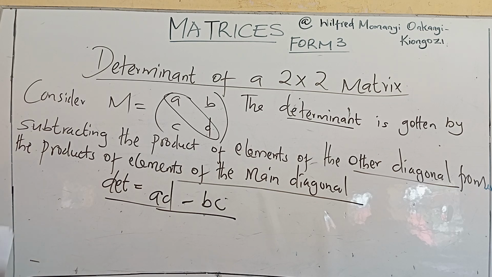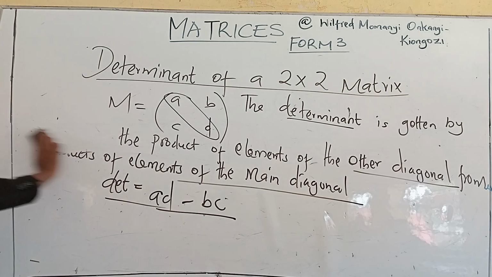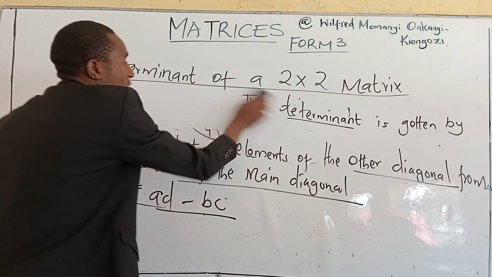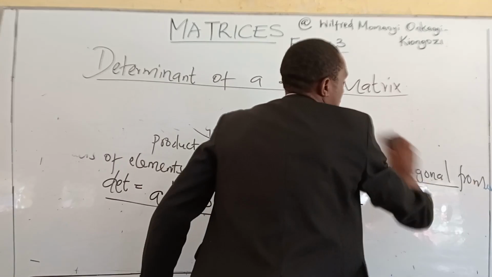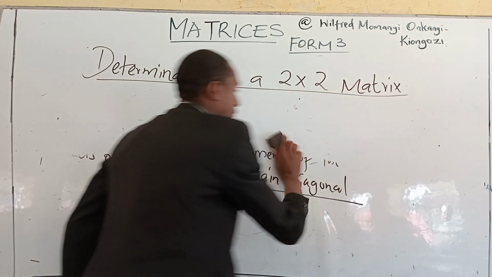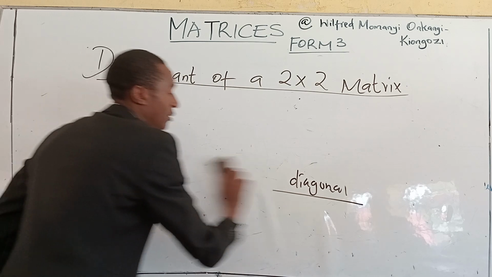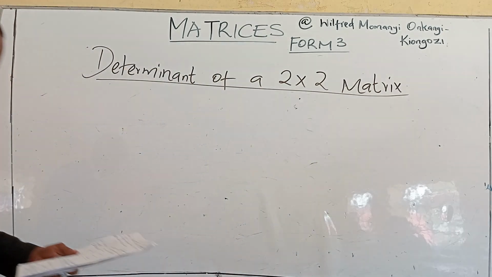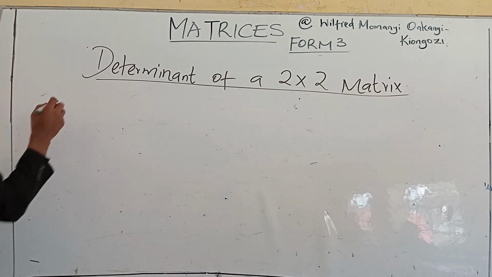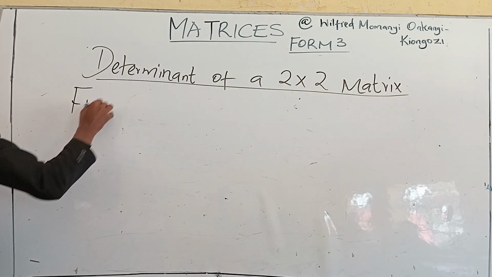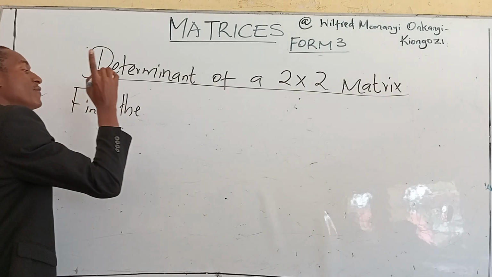An example. These are now the points to give you marks in this question. If you're given, maybe, find the determinant, we're making it brief.